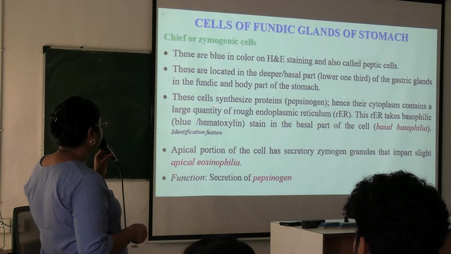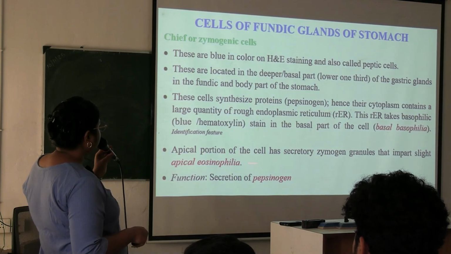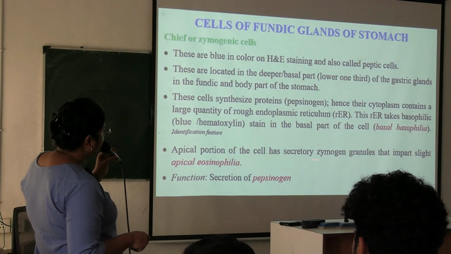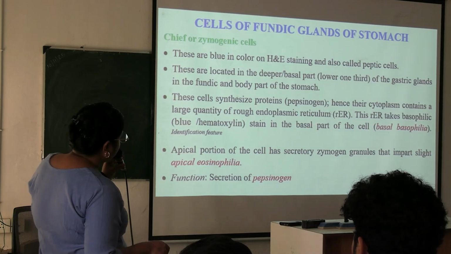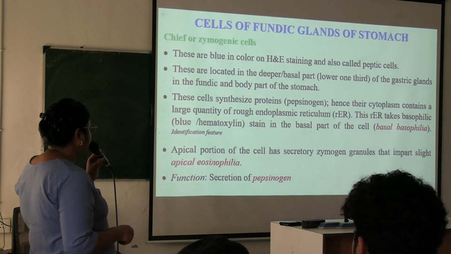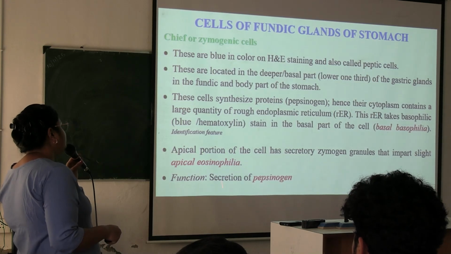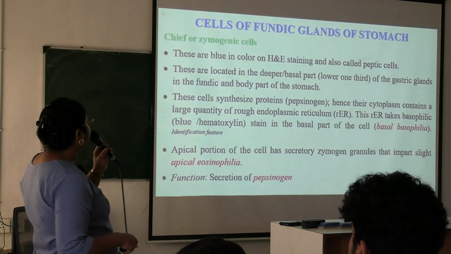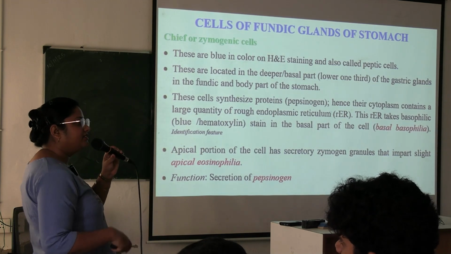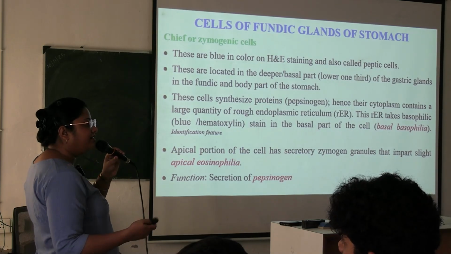This is an identification point. The apical portion of the cells has secretory zymogen granules, which gives slight apical eosinophilia. Function you must remember: chief cells secrete pepsinogen, parietal cells secrete HCl and intrinsic factor.